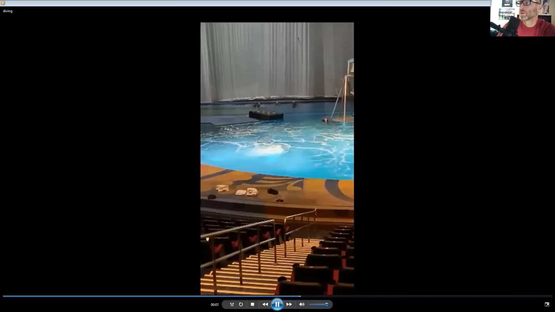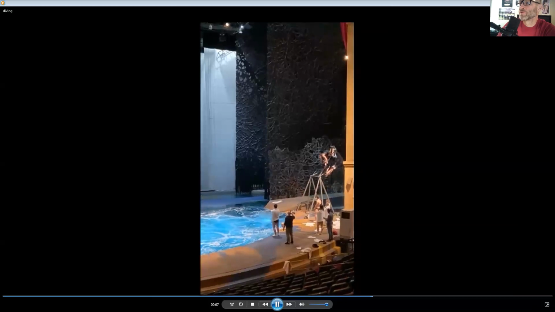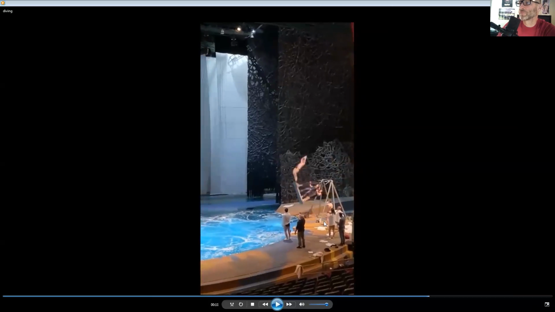Once the diver leaves the swing, right here, actually where I stopped it, he's already left. But up until that point, there's another force acting on the diver, and we need to account for that.